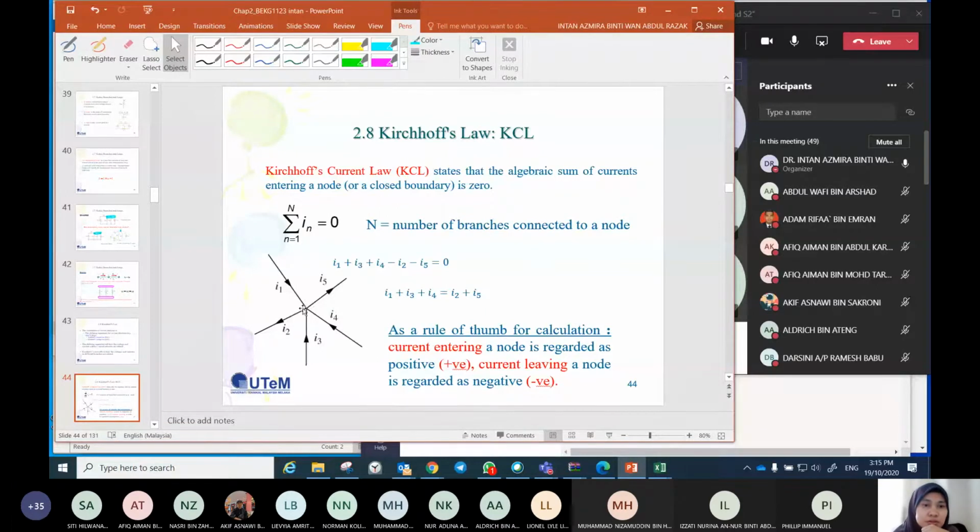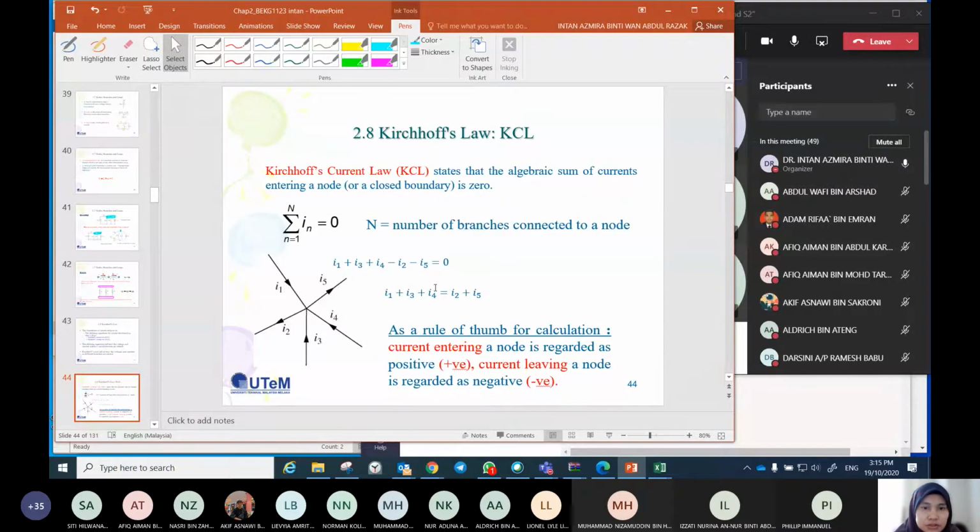So now in this equation, current entering the node is assumed to be positive. So positive I1 plus I3 plus I4 minus I2 minus I5 is equal to 0, or you may also write current entering is equal to current leaving the node.